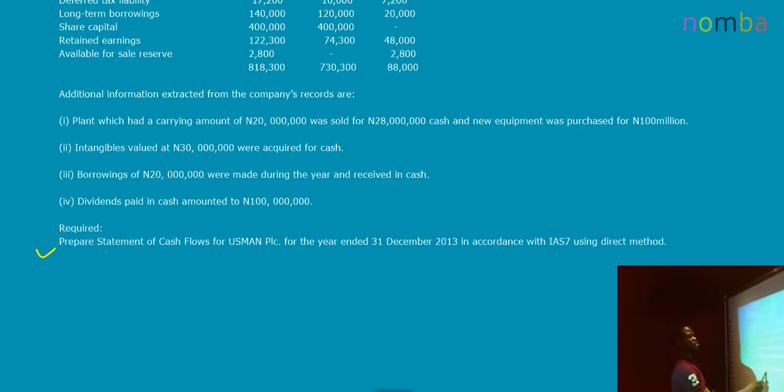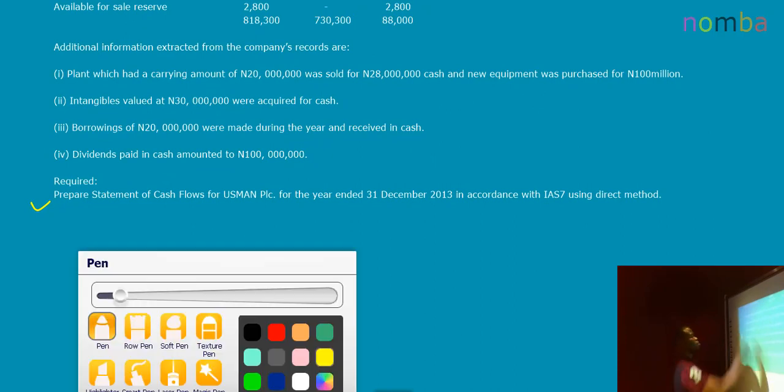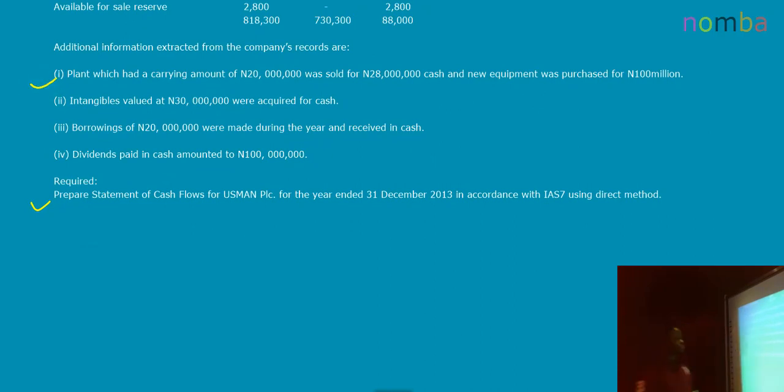Then we're now given some additional information. The additional information given to us were, one, the plant which had a carrying amount of 20 million was sold for 28 million cash and new equipment was purchased for 100 million.